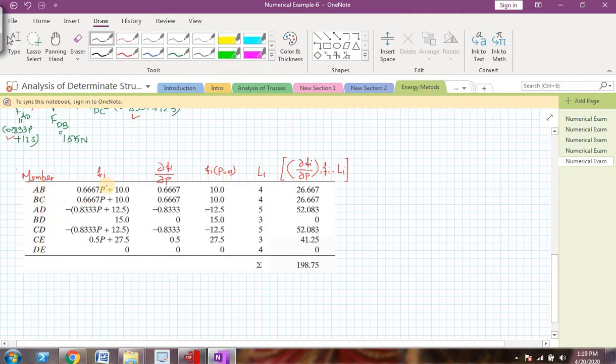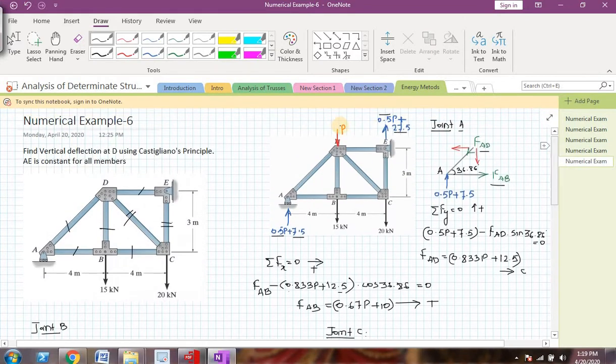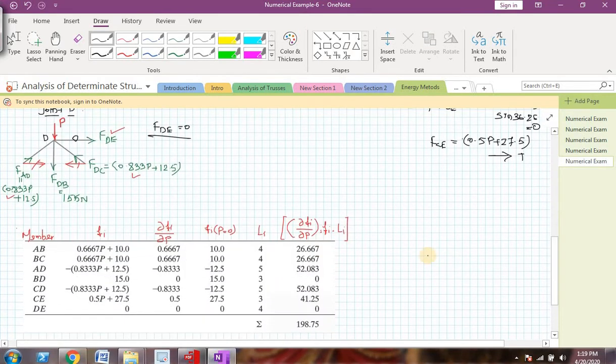These are all the members, and these are the forces in all the members of the truss when you apply a point load of P at D. So these are all the forces which just now we found using method of joints. Now this is dou Fi by dou P. It means I am actually partially differentiating this whole term with respect to P. So 0.6667P plus 10 will become 0.667, right?